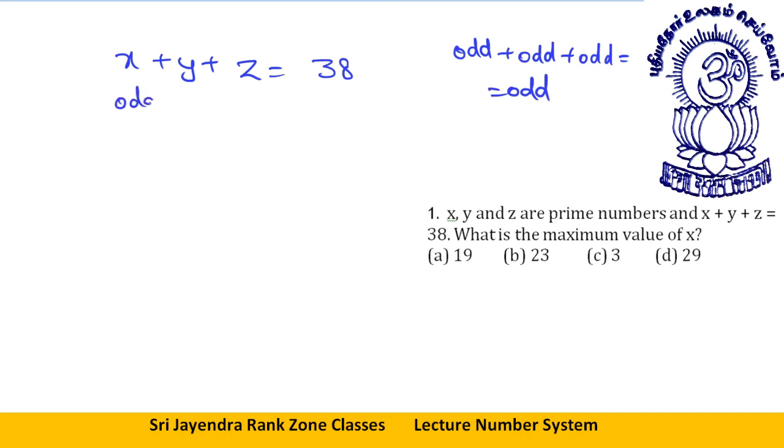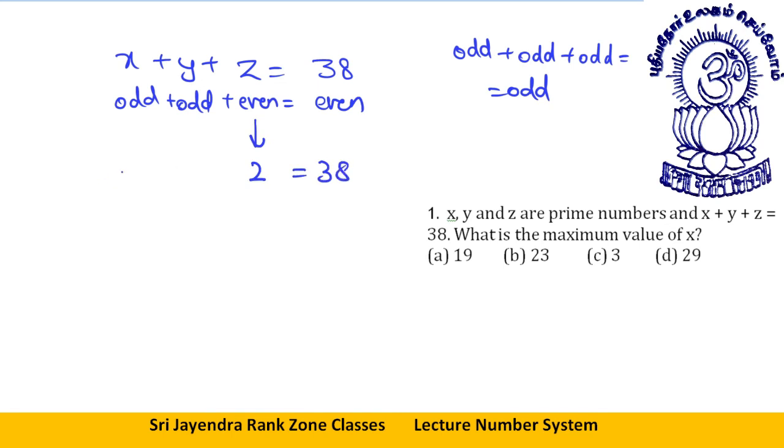If this is odd, and this is also odd, what will be the sum? The sum will be odd. If you add three odd numbers, then you will get an odd number. But this is even. So how will it happen? The third number will have to be even. Now the sum is even. Correct. Odd plus odd even. Even plus even even. So if this is even, this number becomes 2.